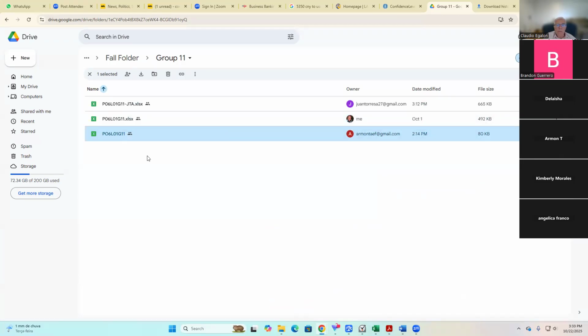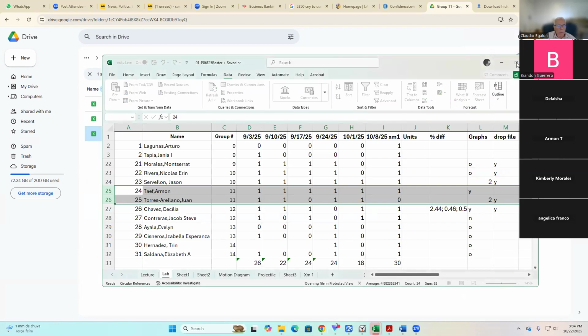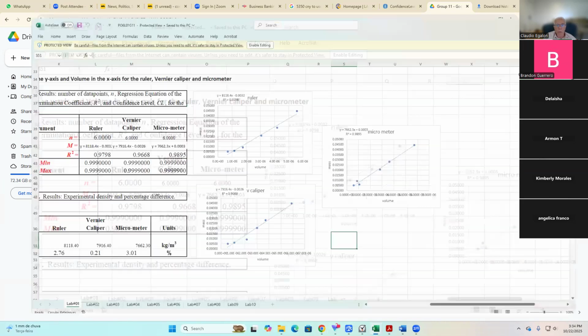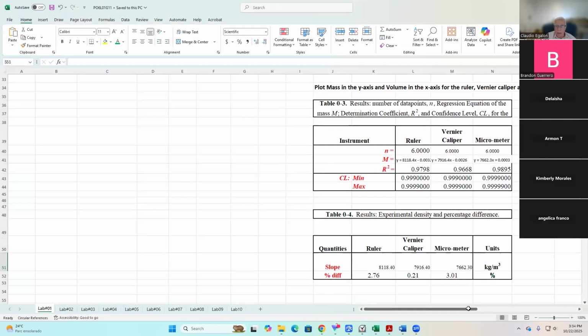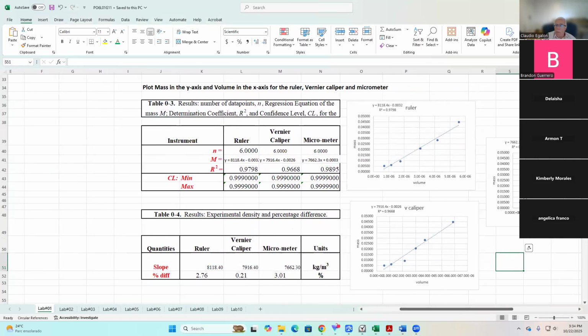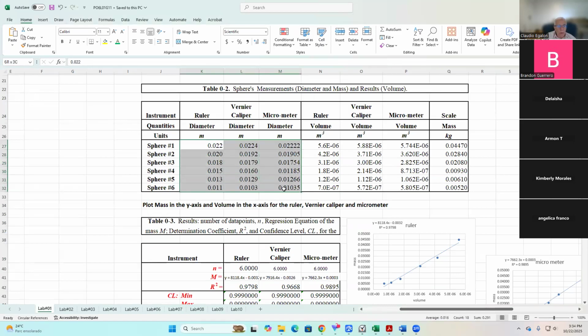Download. Enable editing. Okay, so looks good. 1, 2, 3. Okay, good. And what else?